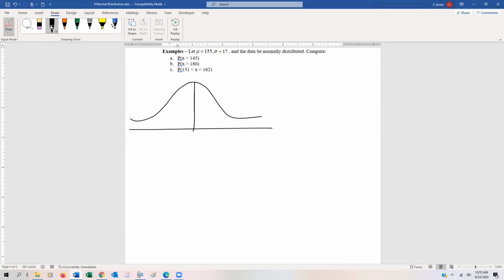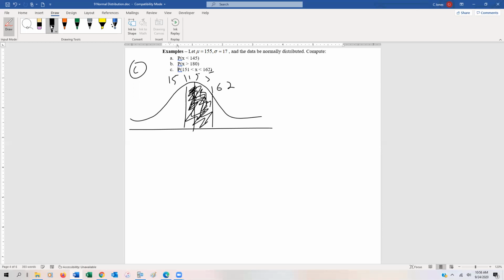In the middle is still 155. We're looking for the probability that X is greater than 151 and less than 162. So 151 might be right about here, and 162 right about here, and this is the probability.